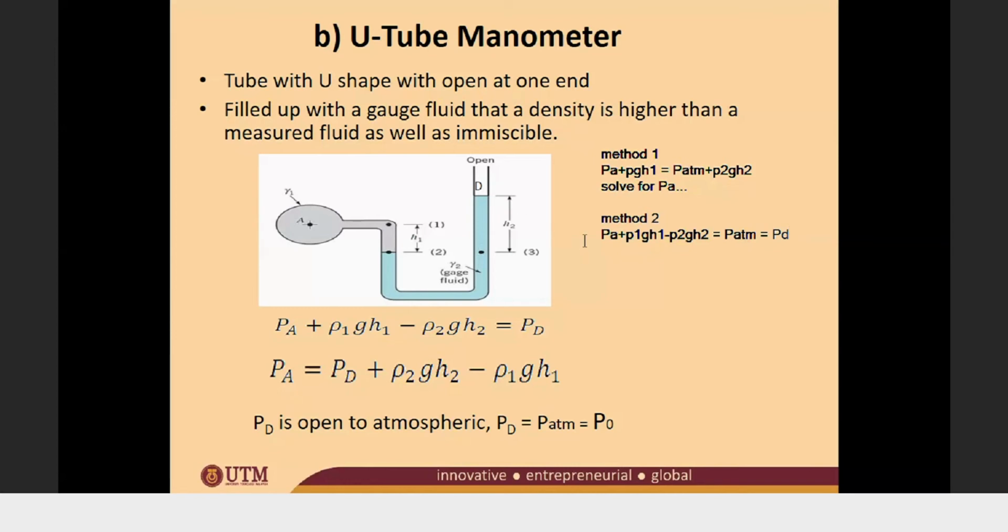So there are two methods. You use method 2 because method 2 is easy. So you solve for PA and you get this: PA equals PD plus this and this.